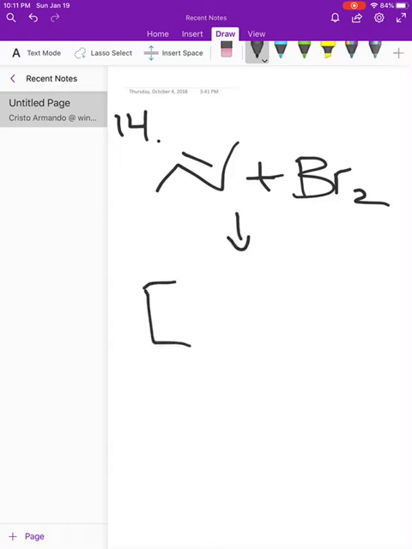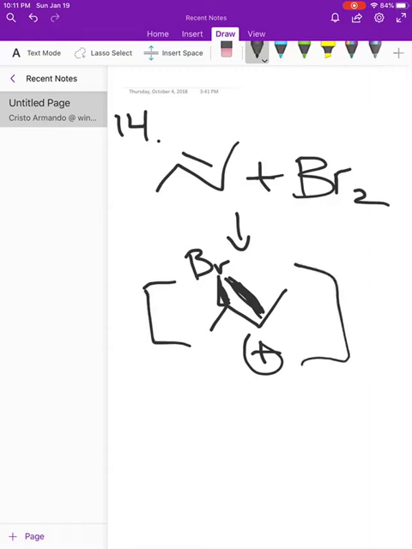So we're going to have this bromine bridge. And then the bromine's going to add here. This bond goes to the other bromine.